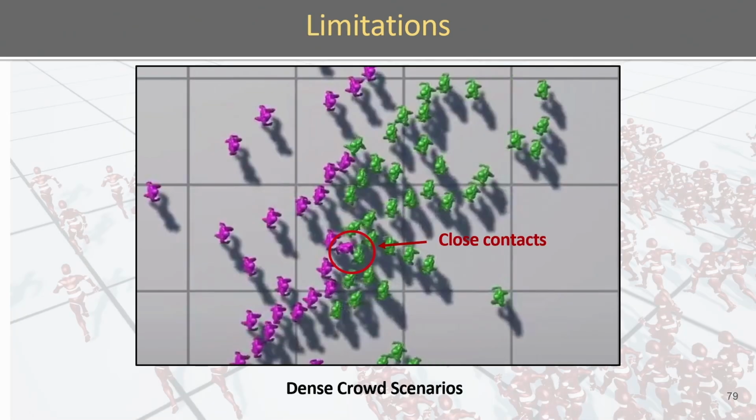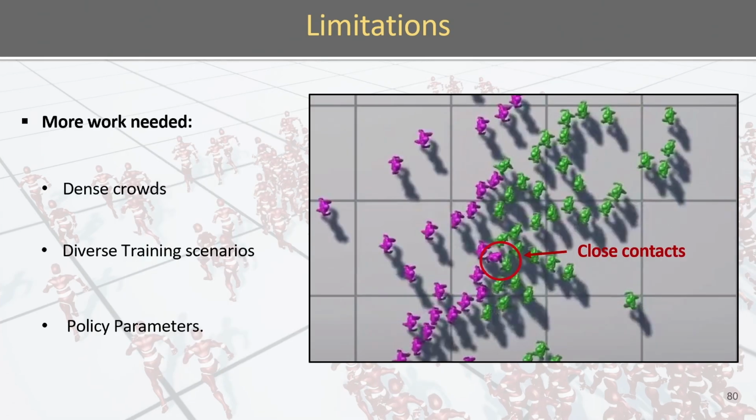Though our method can give very good believable crowd navigation results, we still have some limitations. For example, in extreme dense scenarios, there could still be some agent-to-agent collisions, which might be resolved using more PBT iterations, or maybe using long-range collision avoidance where agents can avoid collisions in advance.